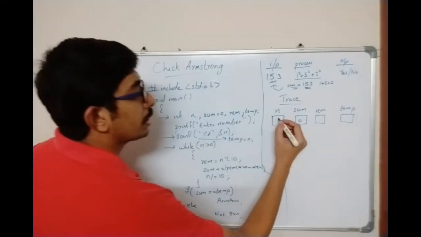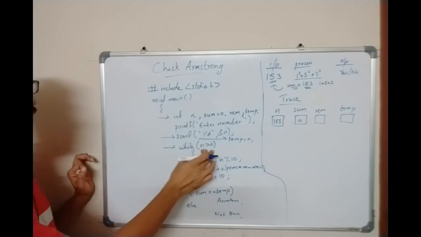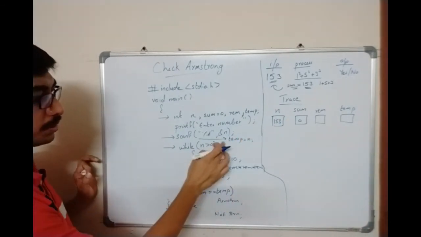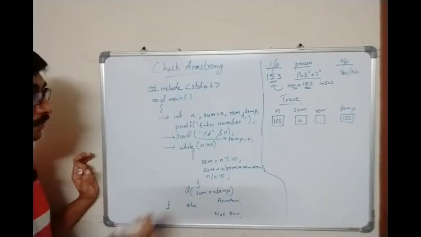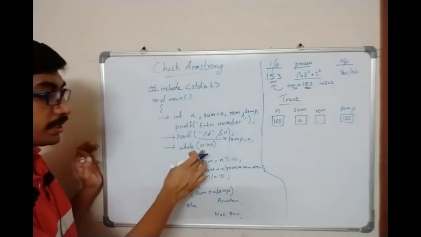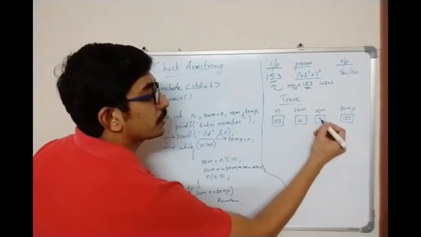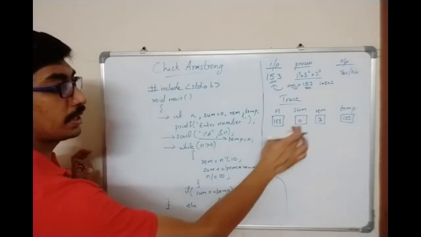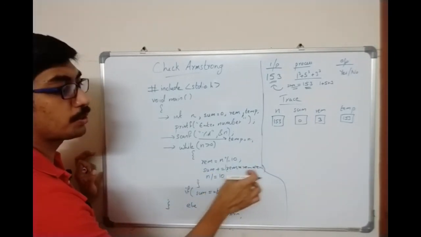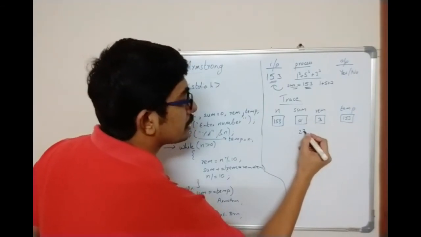In n you read a number, I am supposing 153. Check whether n is greater than 0, and then temp is equal to n, so in temp also you copy the value 153. Now 153 is greater than 0, the condition is true, remainder will be 153 mod 10, which is 3. Sum is equal to sum plus 3 cube, so sum will become 27.